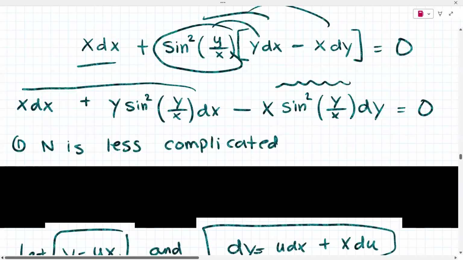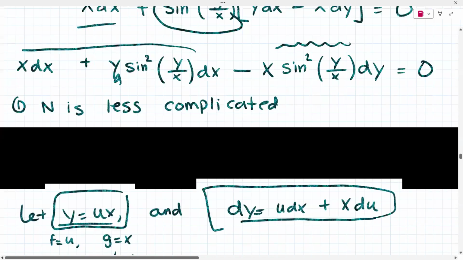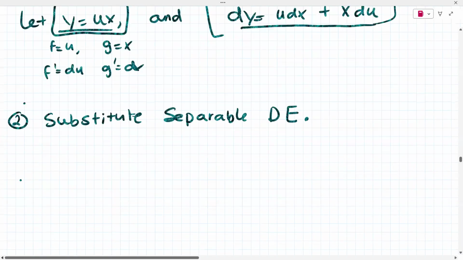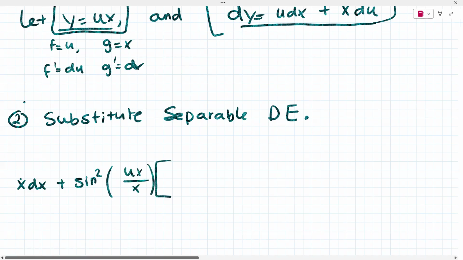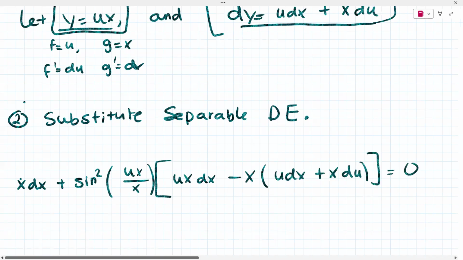You're going to replace y with ux, and then we're going to replace dy with this. That's it. So when you do that, you should get x dx plus sine square of ux over x, bracket, ux dx minus x, u dx plus x du, equals 0, right?